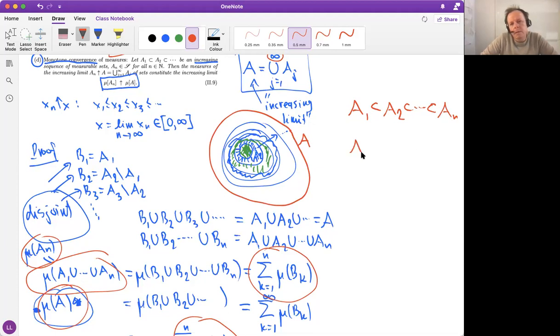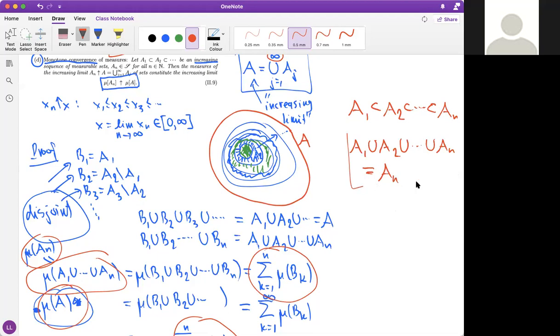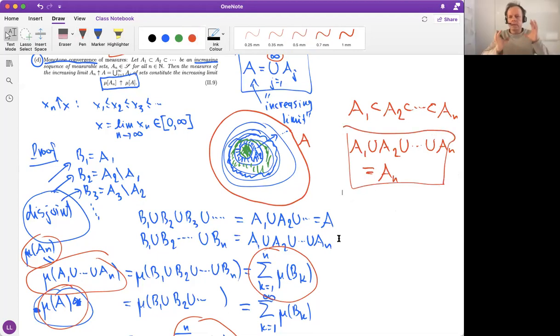So if we think what's the union of A1 union A2 up to An, well, because An contains everything from before, the union is just An. Ah, yes, great. So there was nothing to do with measures in this part. It was just that the sets were increasing, so An is containing all of the previous ones. Very good question. Are there other questions?